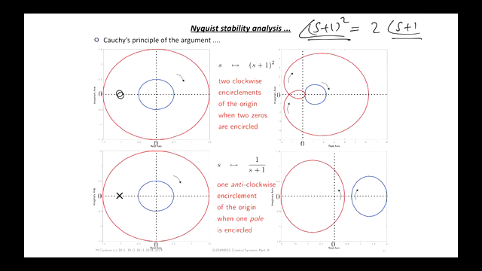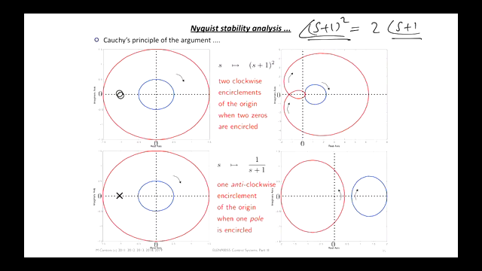Whereas if we map points along this contour under this rational function, we get this blue curve like this. And you can see that it makes no encirclements of the origin. And sure enough, the net change in phase of the little vectors from here to points on here as we evaluate this function moving along here in a clockwise direction is 0 for both of them.